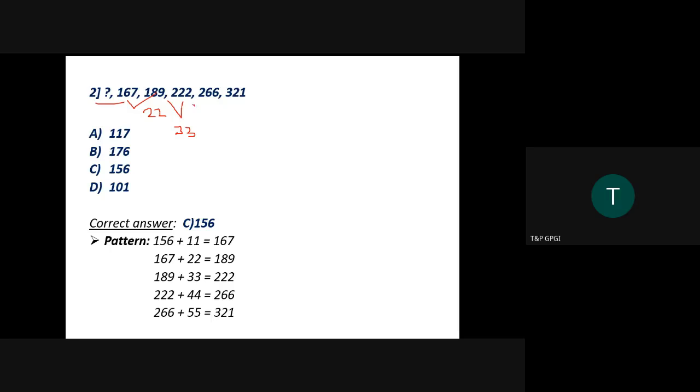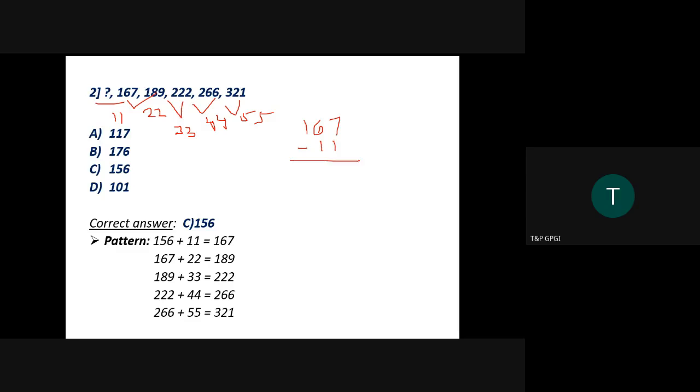Then 266 minus 222 will give you 44. Now you can see there is a common pattern that they are following: 22, 33, 44, and maybe here it's 55 then. Yes. That means our logic is working. So if it starts from 22, the sequence should start with 11. So 167 minus 11 will give the first term.